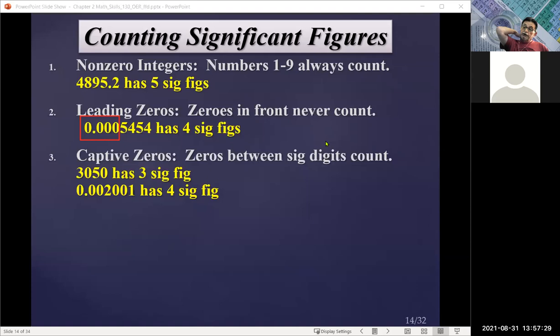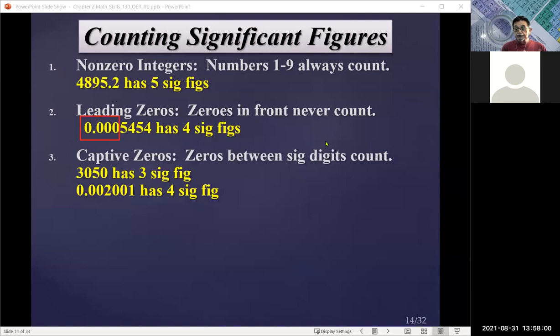Okay, captive zeros. Those are zeros that are in between two integers, like 3050. That first zero is captive between the 3 and the 5, so it is considered significant, whereas the last zero is not significant. So 3050 has 3 sig figs. The second example: those first zeros don't count because of rule number 2.